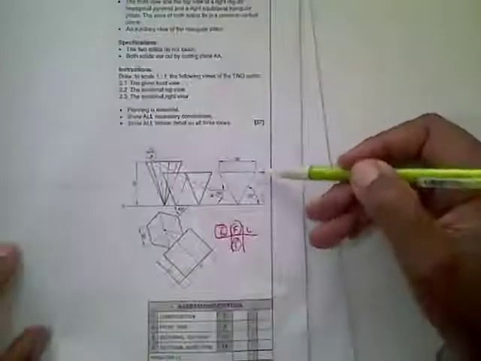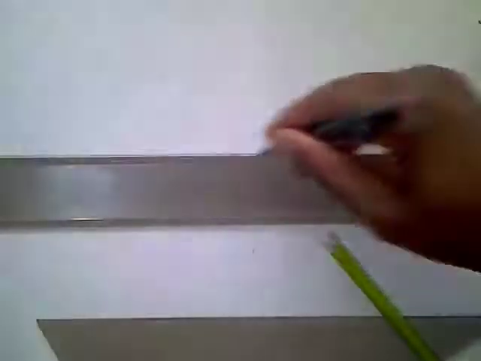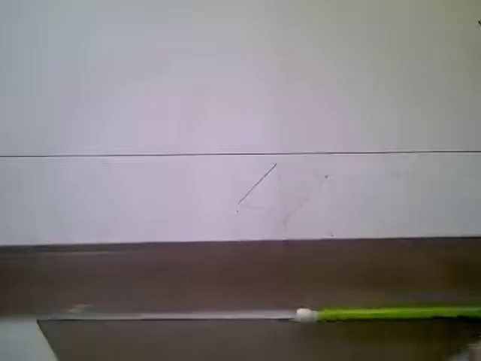But for the height, I will have to draw this. It is at 60 degrees. Look at what I'm doing. I draw my horizontal line here. I'll use a pen, just to compensate for the quality of my camera.